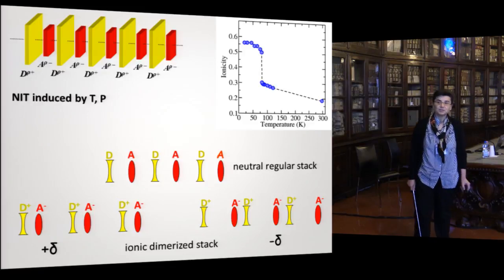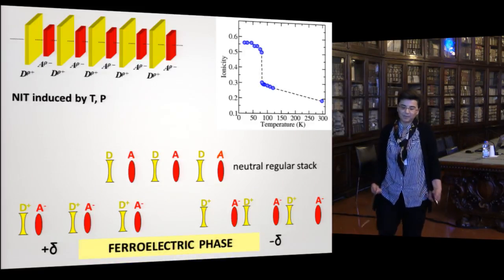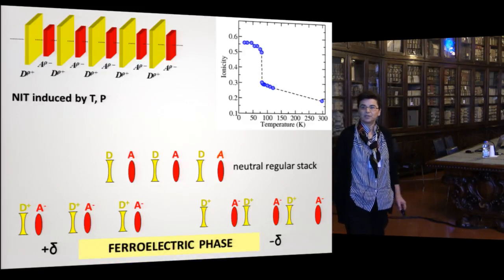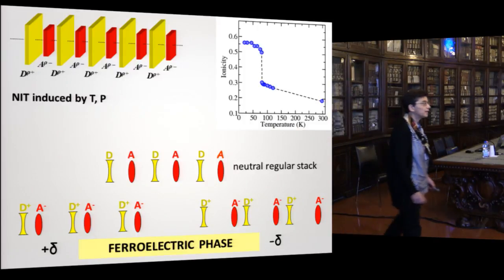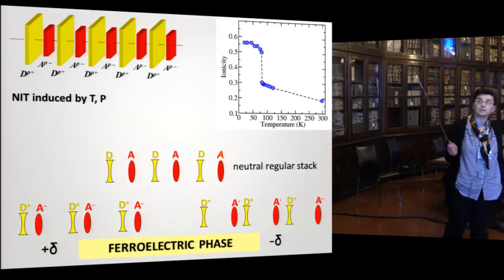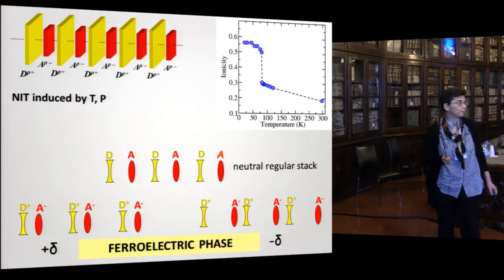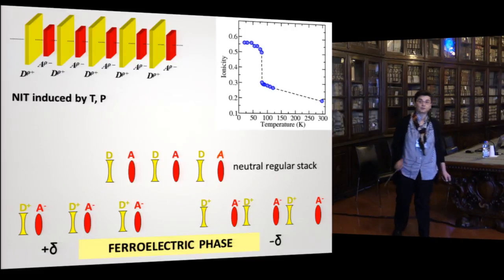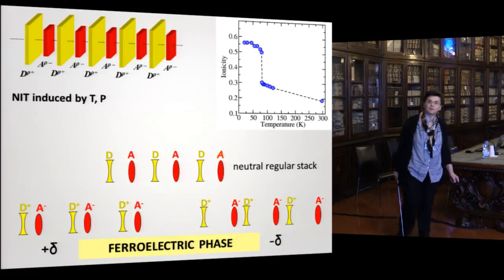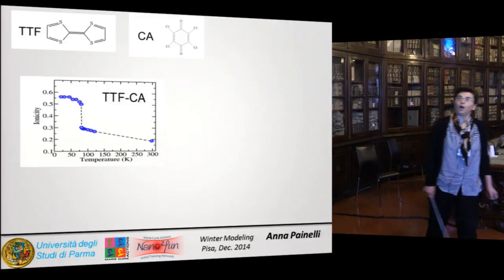And this is very interesting also from the applicative perspective, because these dimerized stacks are potentially ferroelectric. And indeed, TTF chloranil was demonstrated as a true ferroelectric system in the low temperature or high pressure phase. And of course, ferroelectric systems are very interesting from many perspectives.